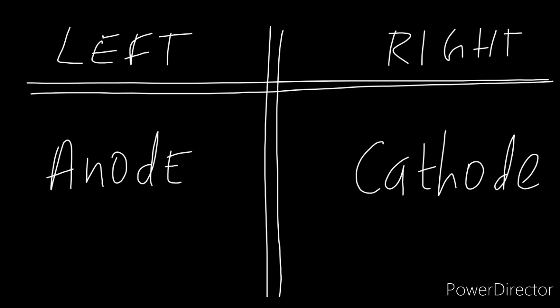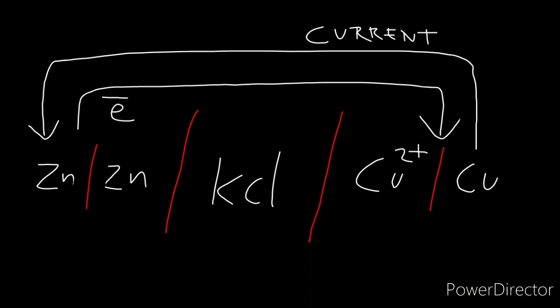Now, a cell is represented by writing the cathode on the right hand side and the anode on the left hand side. The cathode will always be on the right hand side, and the anode will be on the left, and two vertical lines indicate the salt bridge.